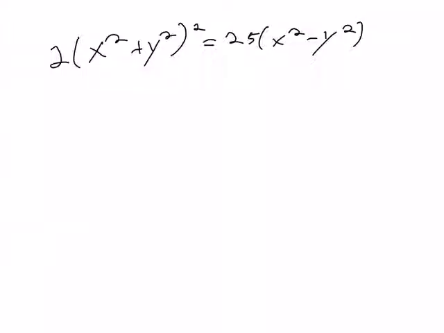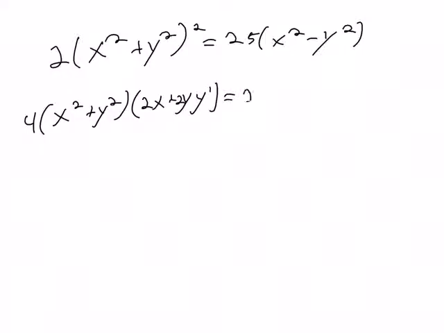So let's take the derivative of this. We're going to get 4 times x squared plus y squared times 2x plus 2y y prime is equal to 25 times 2x minus 2y y prime.